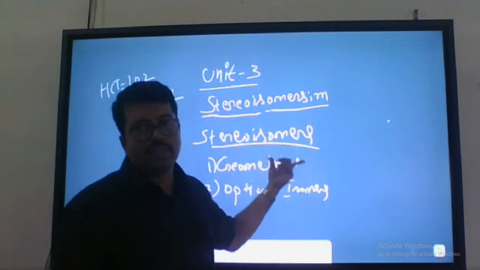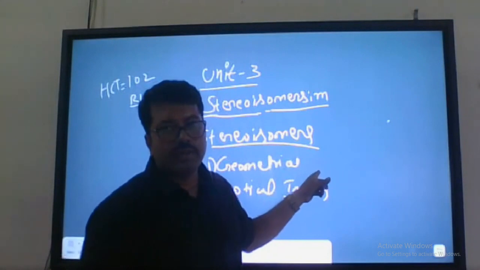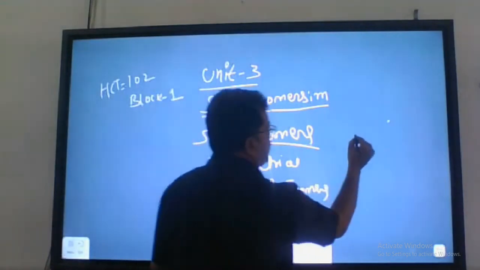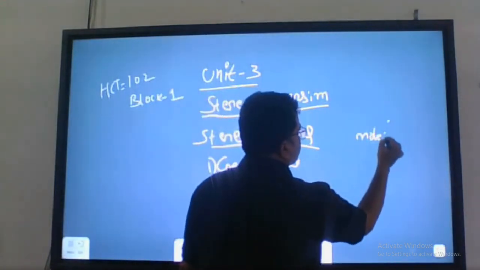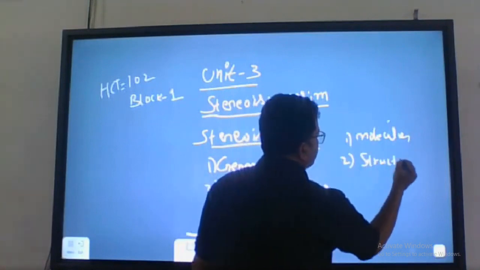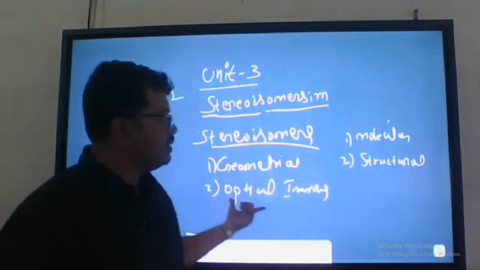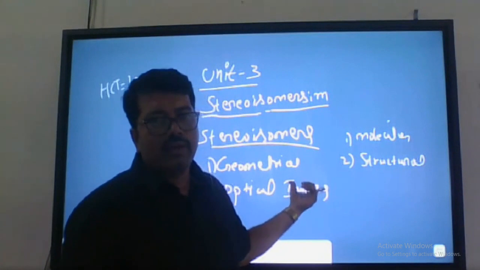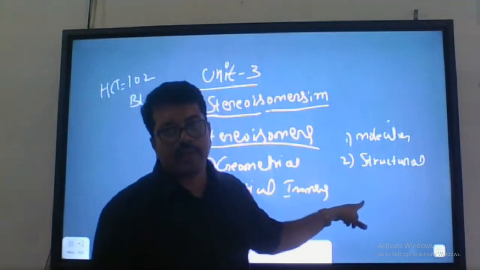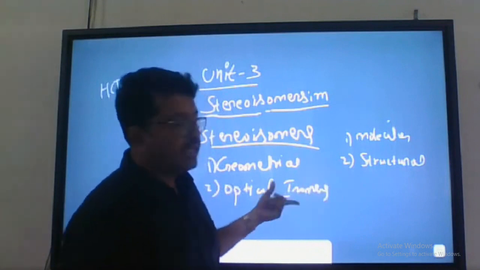It is an example of stereoisomers and occurs when substances have the same molecular formula and structural formula, but one cannot be superimposed on the other.